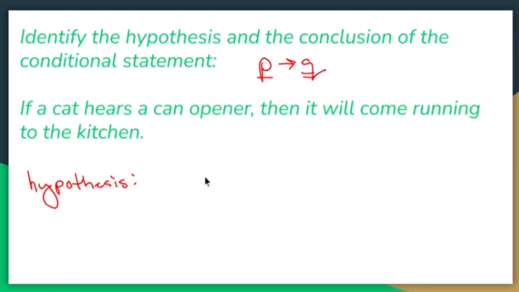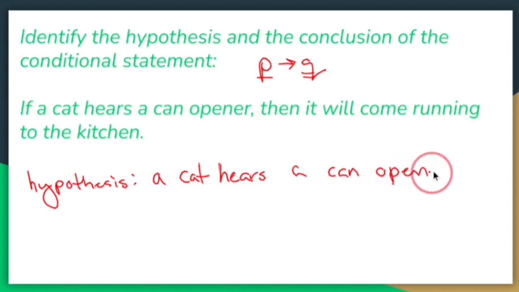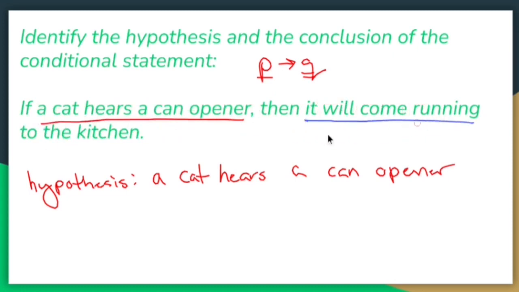So if a cat hears a can opener, I don't want to know what a cat opener is. If a cat hears a can opener, the conclusion is going to be the phrase following then. So then it will come running to the kitchen.